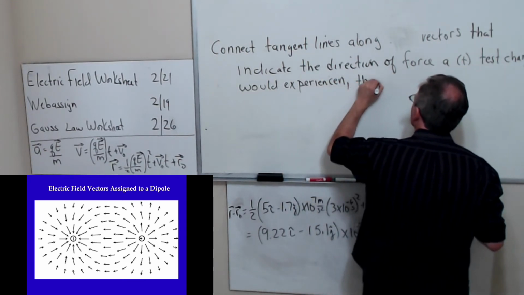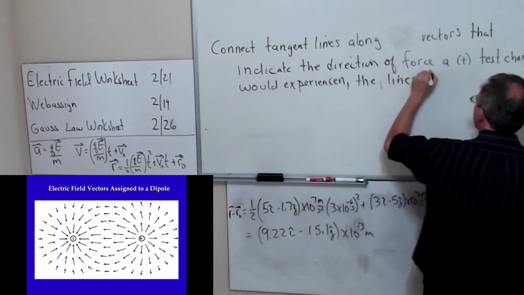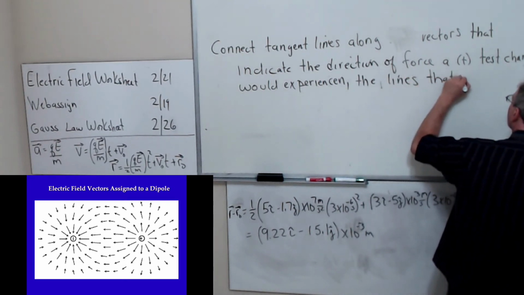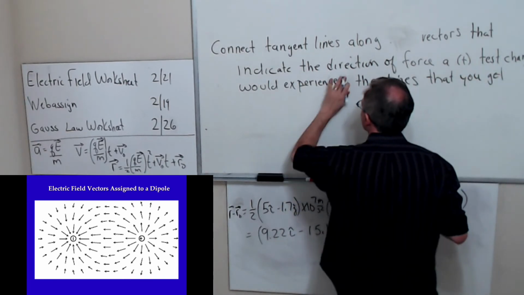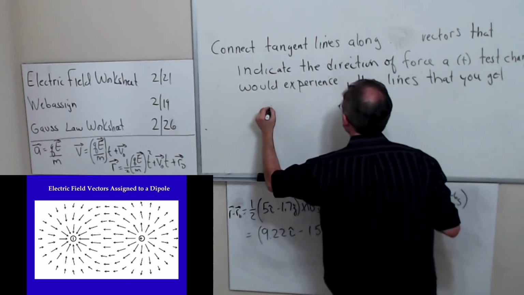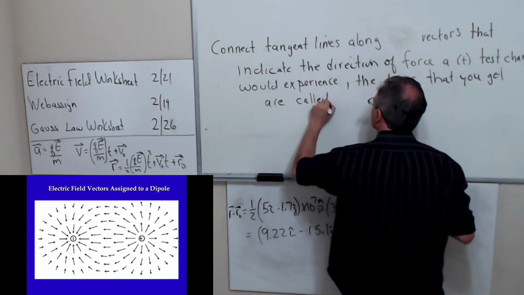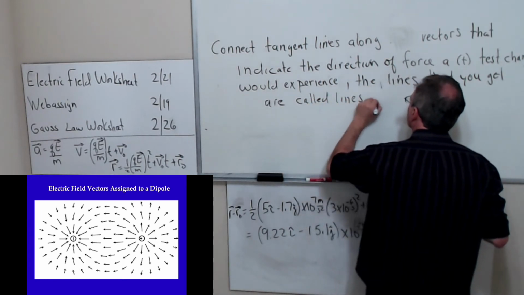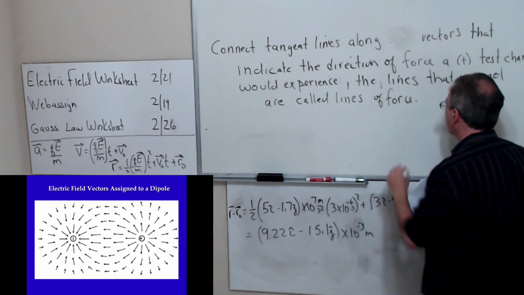Then the lines that you get are called lines of force, or electric field lines.